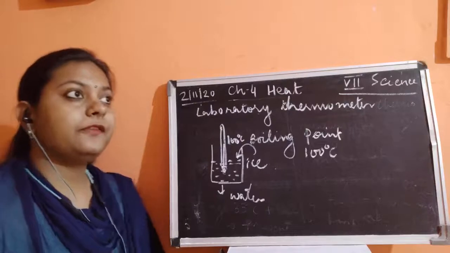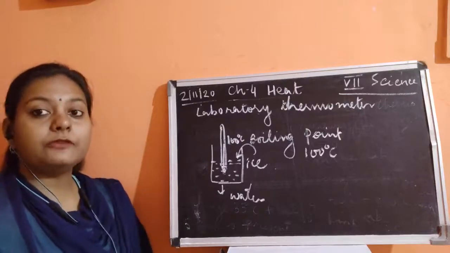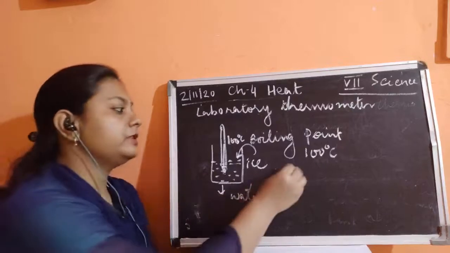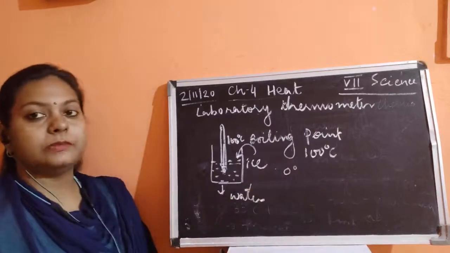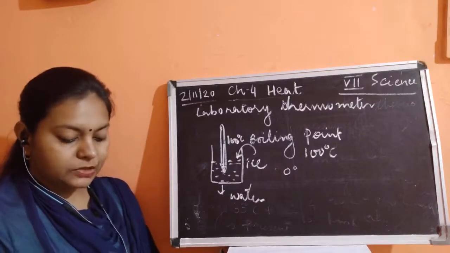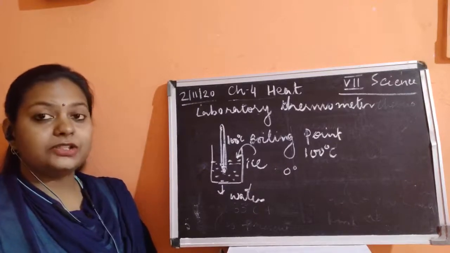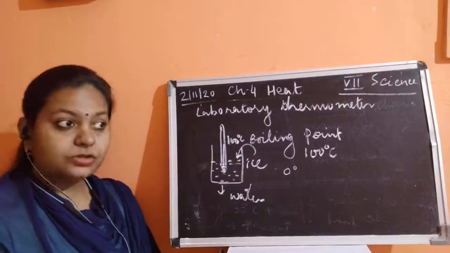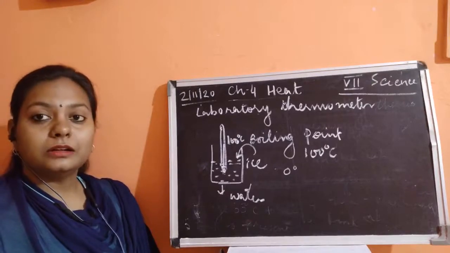And if you put this thermometer in the ice, then what would be the temperature? It will be 0 degrees Celsius, or sometimes it could reach -1 or -2. Okay, so this is how you're going to read the temperature of the liquids and the objects also.